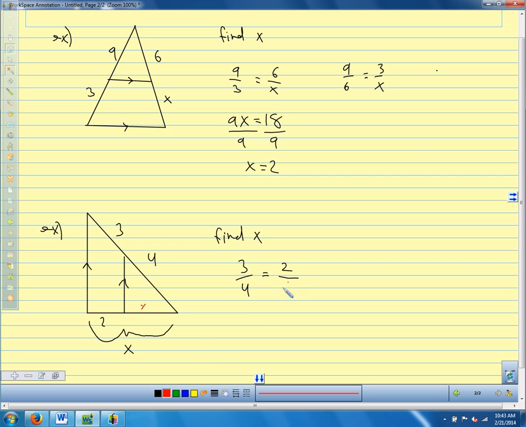So we could say 3 over 4 is 2 over y. And we could find that little piece, and then we'd add those two together and we'd have the whole side. So that's one way we could do it. So 3 over 4 is a fine way to start. 2, we know that part, so we just need to make sure we have the right part in there. Anybody see another way we could set this up?